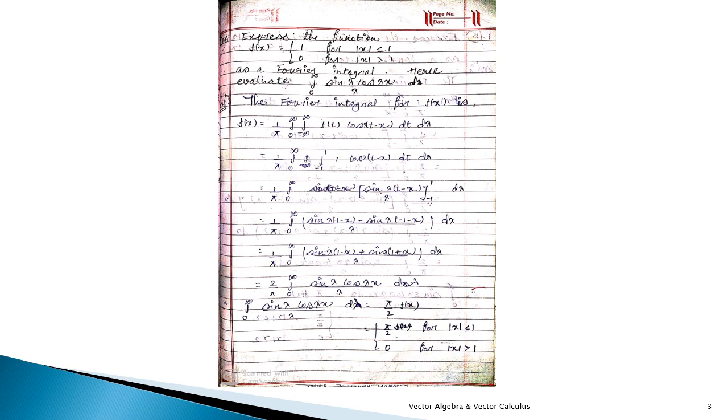So in the very first step, I am applying its general formula as it is: f of x equals 1 upon pi, 0 to infinite, minus infinite to infinite, f of t cos of lambda t minus x dt d lambda.